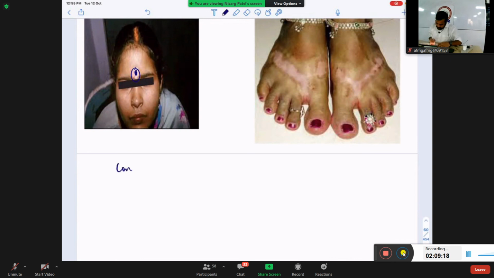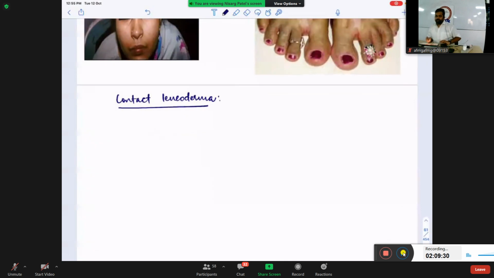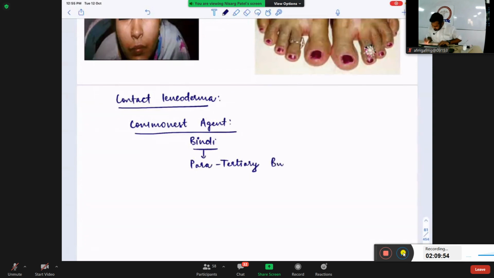So, contact leukoderma: the commonest agent is the bindi, which contains paratertiary butyl phenol.